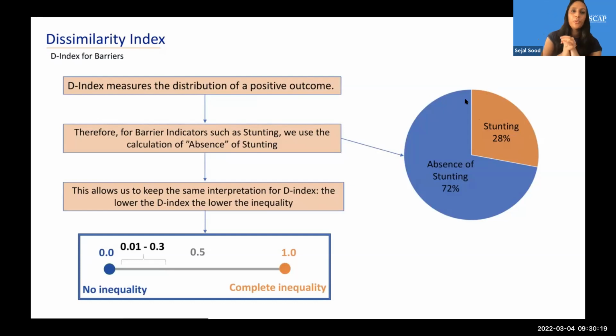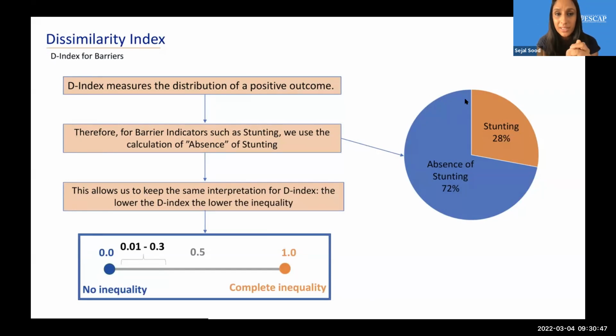Okay. So before we go on, in the beginning, if you remember, we have two different ways of looking at the D index. One is a calculation for our opportunities, and then we have a separate calculation for our barriers. This is because the D index is generally calculated using the distribution of a positive outcome.